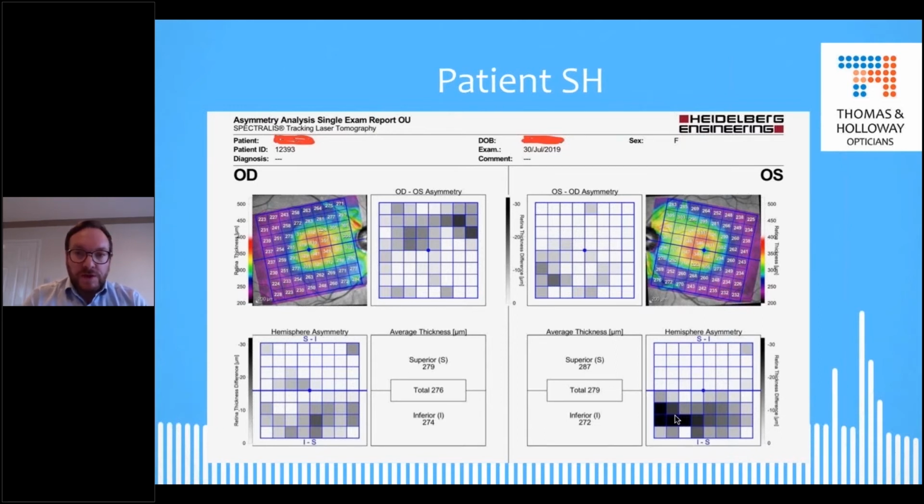One thing I should say on these ones, talking about artifacts, is that when you are looking at these particular scans, it's quite important to make sure that you check for blood vessels in this location here and this location here, because if you have blood vessels that are emerging in this area here but not there, that's going to throw off the scan, because what this is doing is looking at overall retinal thickness and comparing the inferior with the superior points.